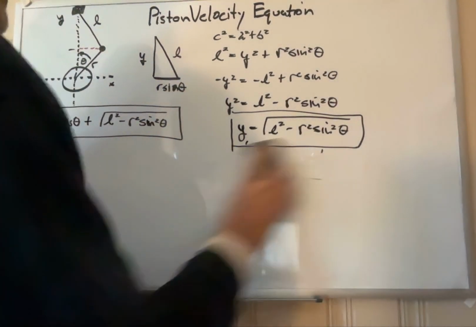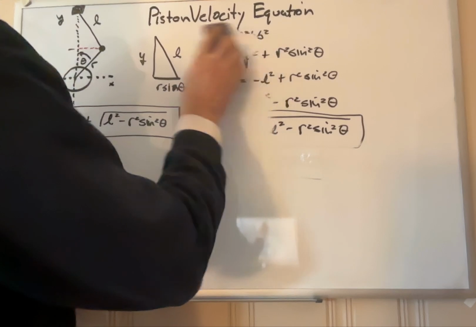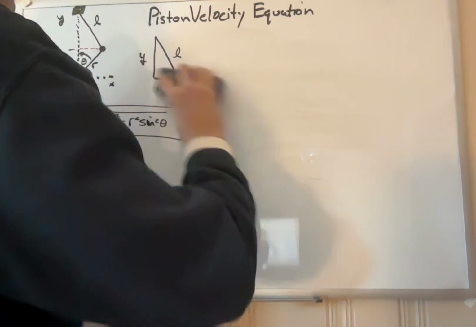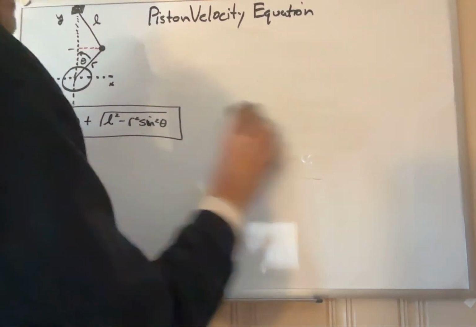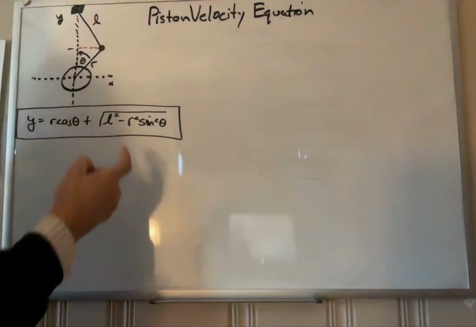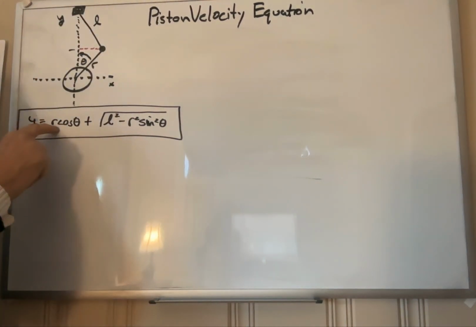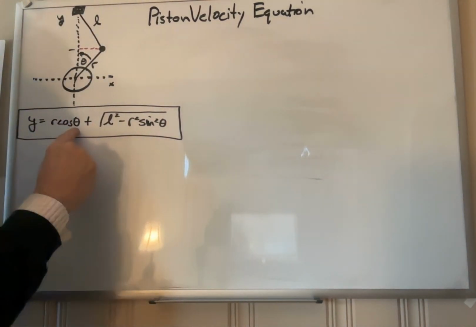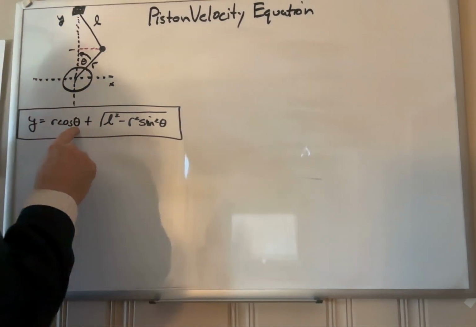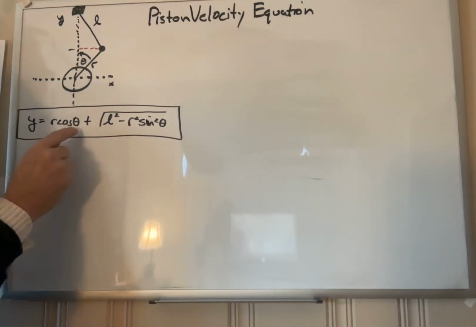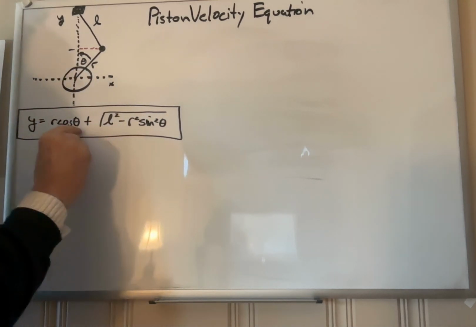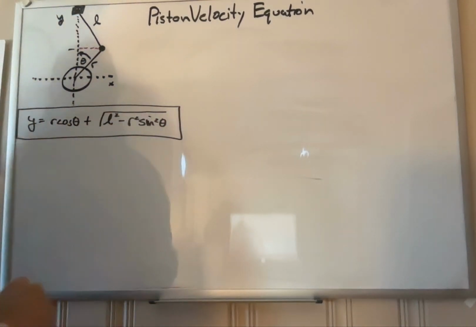So in order to find the speed, we're going to have to take the derivative of that with respect to time. All right, so let's do that. Now, when you take the derivative of this equation with respect to time, don't forget this equation is in terms of theta. So if it's in terms of theta, we got to use the chain rule, because the chain rule is going to tell us that you need to take the derivative of this thing as well as the derivative of theta.